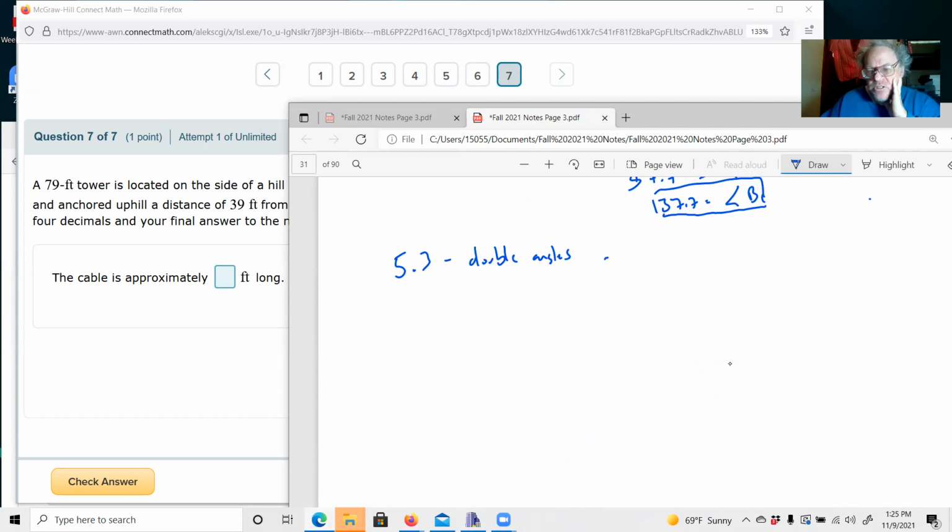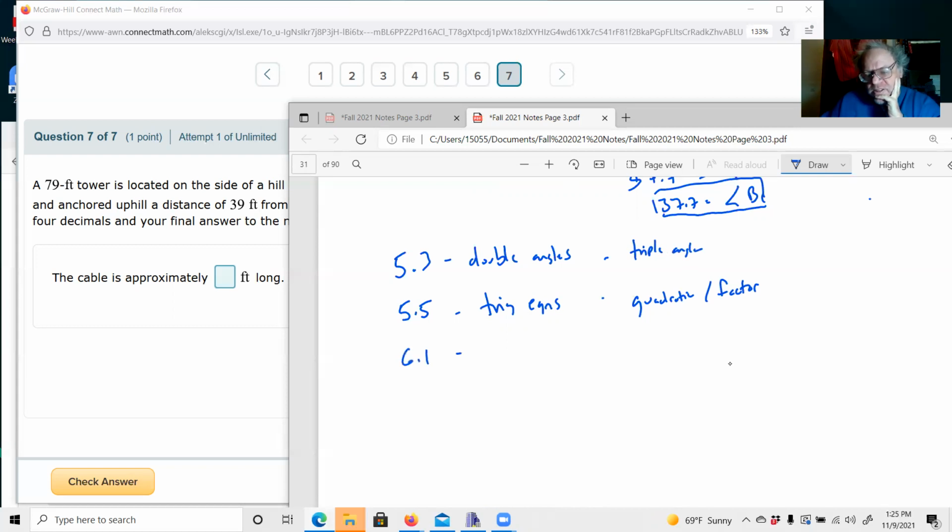Again, I am partial to an identity that does triple angle. 5.5 is trig equations. I'm partial to something that's quadratic, where you have to factor. It's possible both solutions could be there, so don't just automatically throw out one of them. Okay, triple angle.